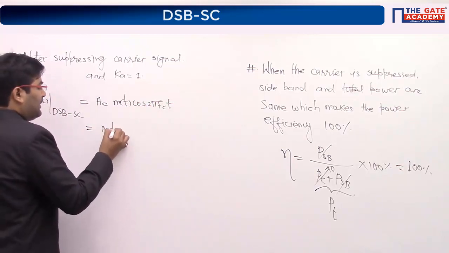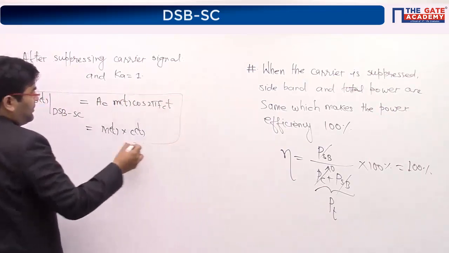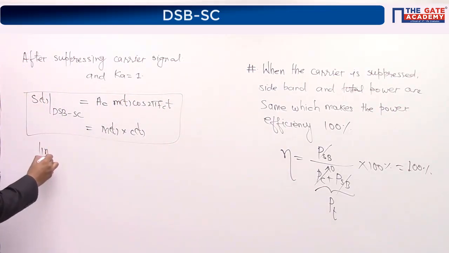It is just the multiplication of the message with the carrier, put in the box. This is your time domain equation.